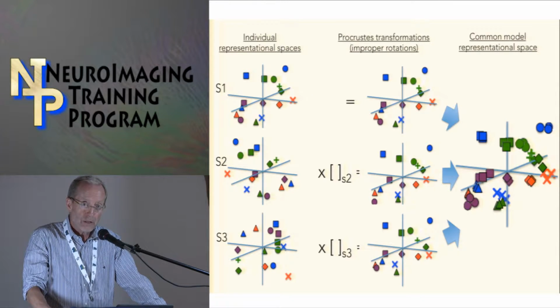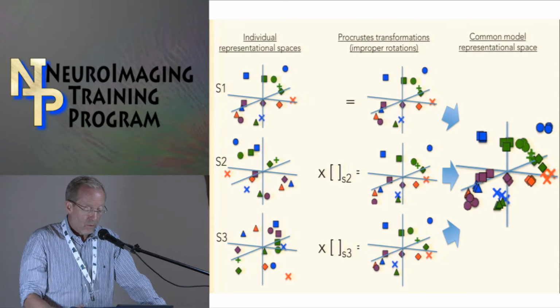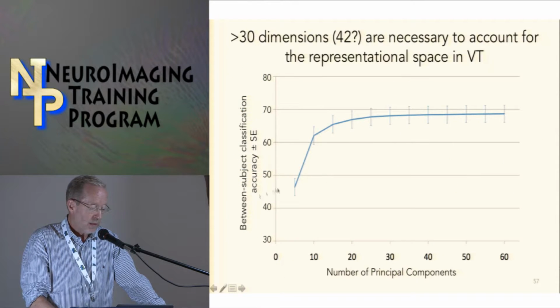So how high dimensional is the space in ventral temporal cortex that captures the variety of responses to a more natural movie? When we look at between-subject classification performance for the top 5 PCs, so we did a principal components analysis and reduced the number of dimensions, classification performance is down below 50%.